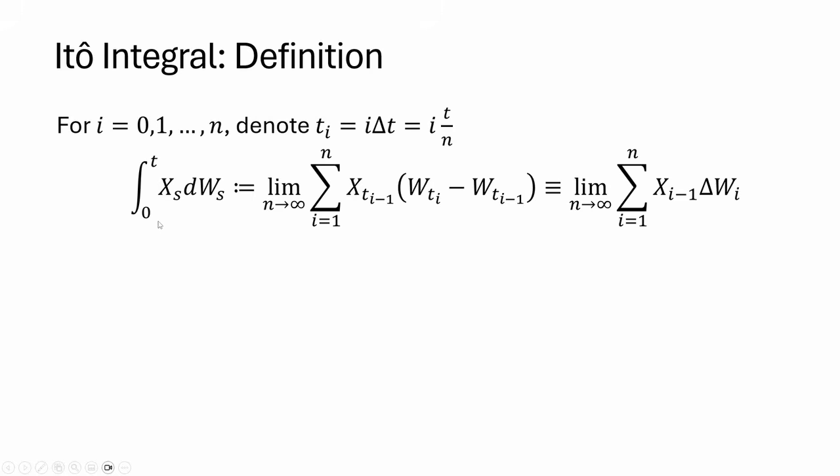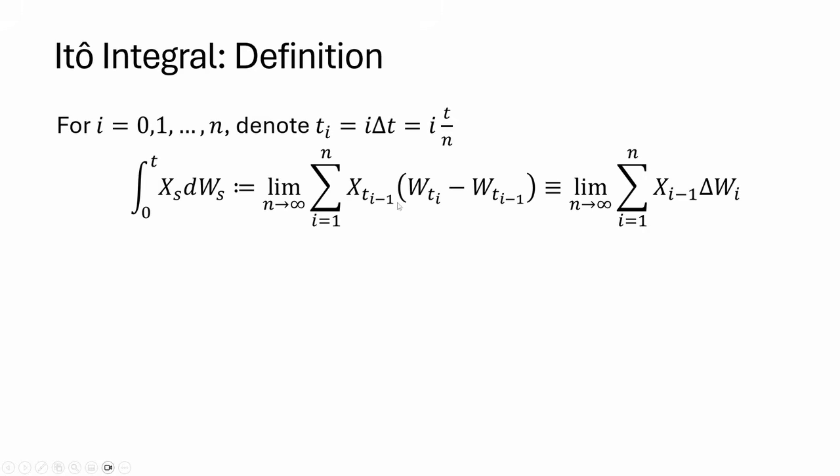And the stochastic integral from 0 to t of the function Xs with respect to the increments of the Brownian motion dWs is defined as the limit as n tends to infinity of the sum from i equals 1 to n of X at t_{i-1} times the quantity W(ti) minus W(t_{i-1}). So looking at the summand, the function X is evaluated at the left endpoint t_{i-1}, and it gets multiplied by the increment of the Brownian motion in that time period.